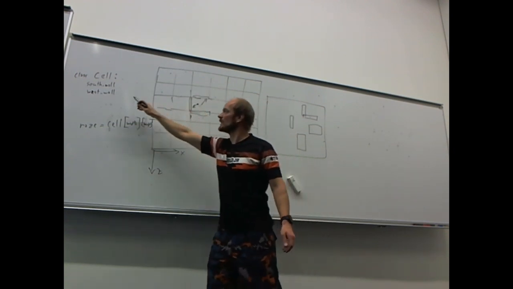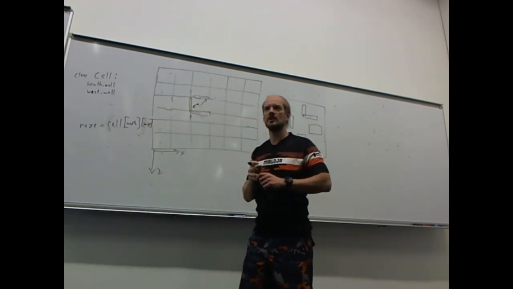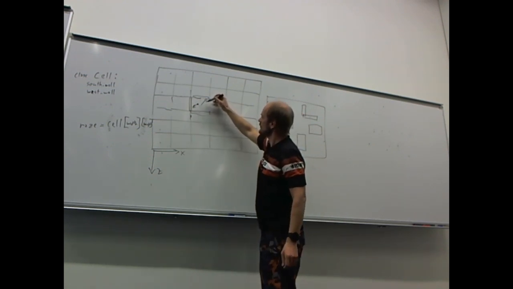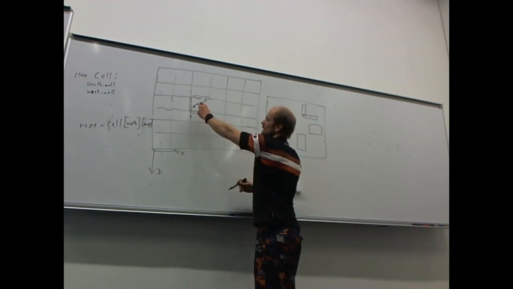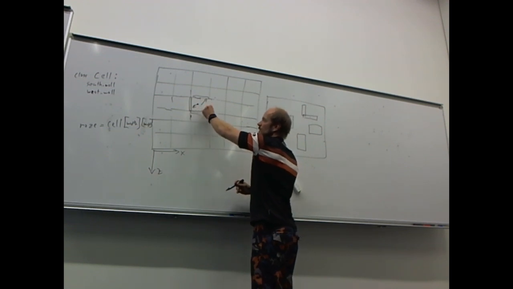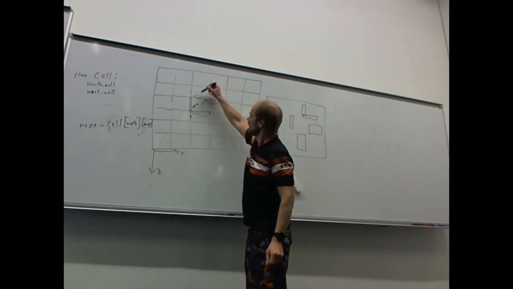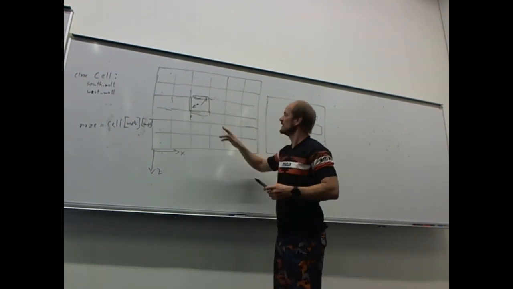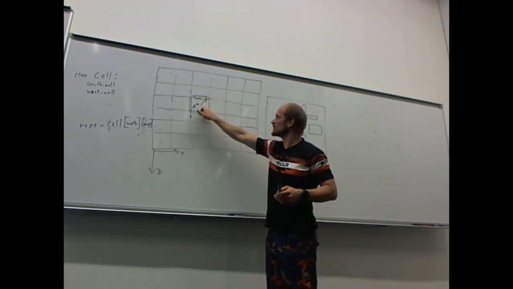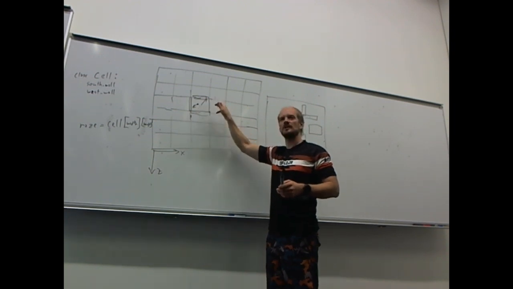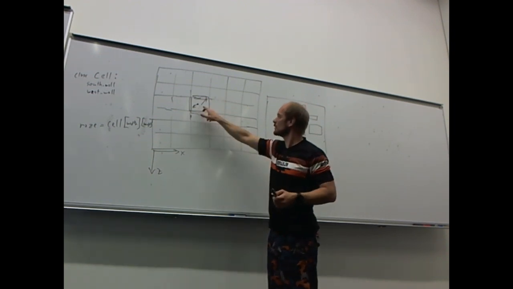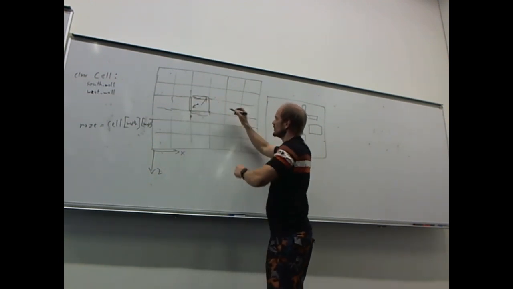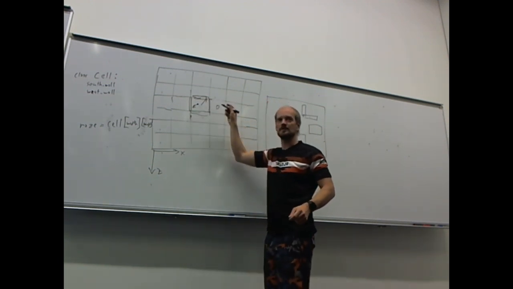So that's the reason I only have south wall and west wall and not north and east: my north wall is the cell at x and z plus 1, and its south wall. And if I want to check if there's an east wall, I simply say, okay, my position x plus 1 and my position z are the indices into this cell, and I check if that has a west wall.